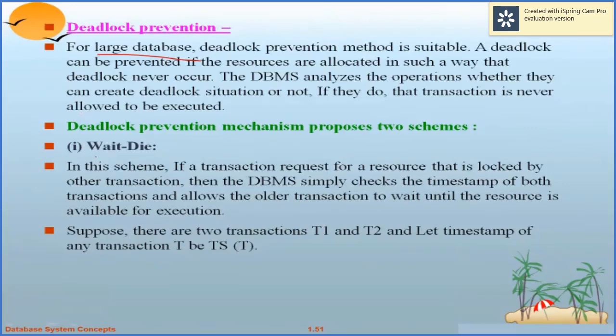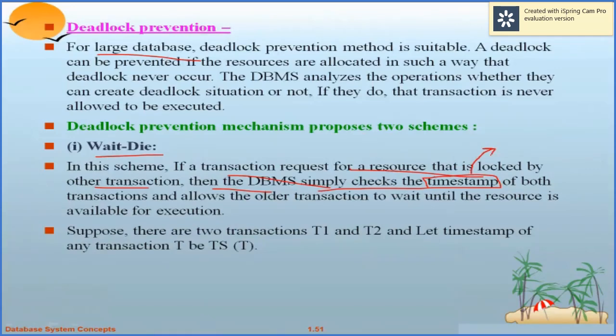In that case, the first one is the wait-die condition. The concept is very simple and interesting. If a transaction requests a resource that is locked by another transaction, then the DBMS simply checks the timestamp. This complete deadlock prevention condition is about checking timestamp values.